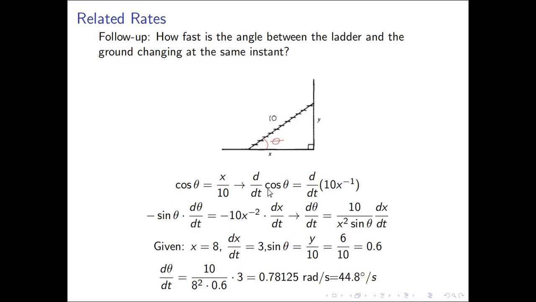At the instant, the foot of the ladder is 8 feet away from the wall. The angle here between the ground and the bottom of the ladder is changing at 4.48 degrees per second. However, we will require the use of radians for problems on related rates that involve angular change.